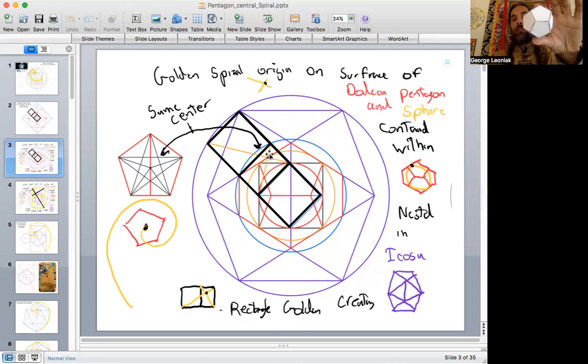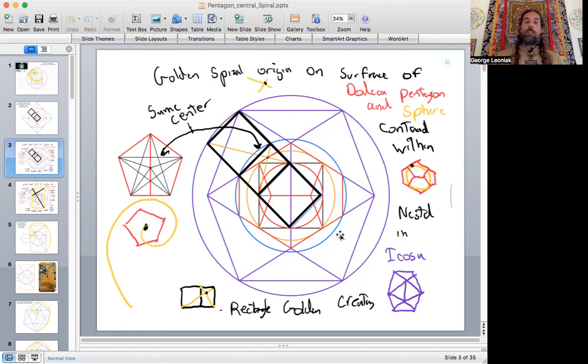That crisscross landed right on the surface of the dodecahedron face, on the sphere within this dodecahedron that I'm holding. And the origin of the spiral is directly on the center of the pentagon face. That was where it met, the same center.